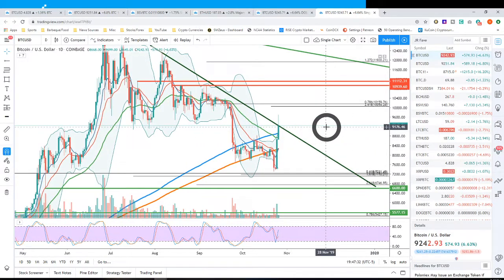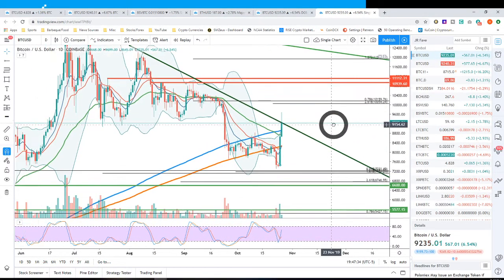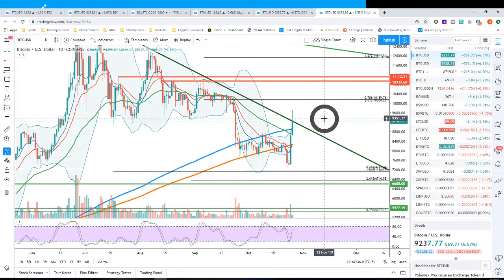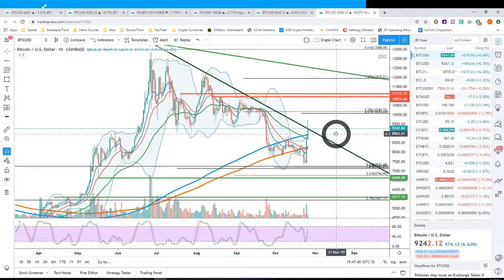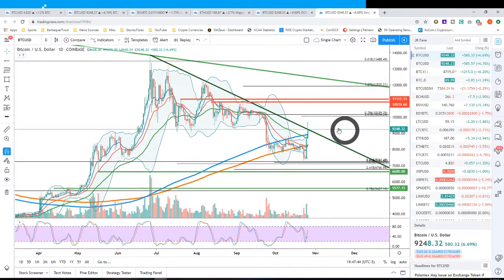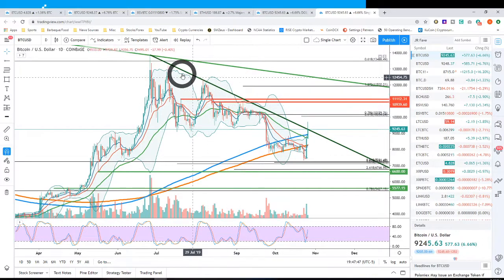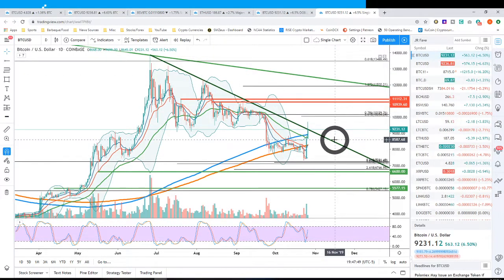But man, guys, this is a massive move. Unbelievable. Trend line break. Wow. Did not expect that to happen in hours, right?